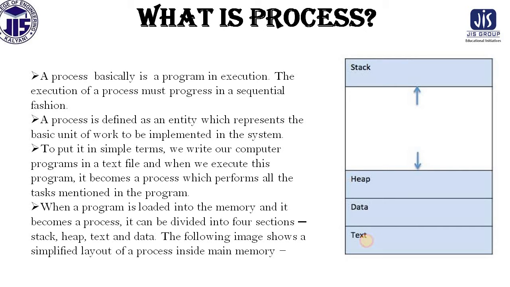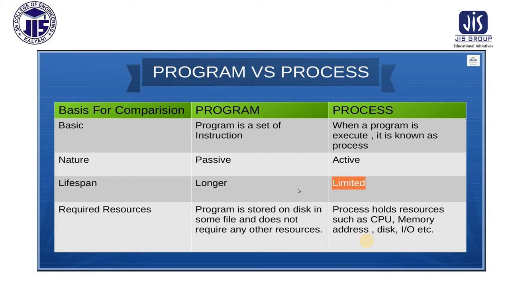Now we will learn the basic differences between program and process. A program is a set of instructions, as we learned from our first semester, whereas a process is a program in active state, a program in execution. A program is a passive entity, but a process is an active entity.